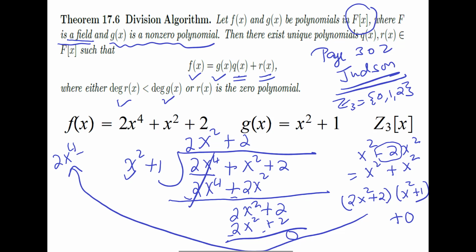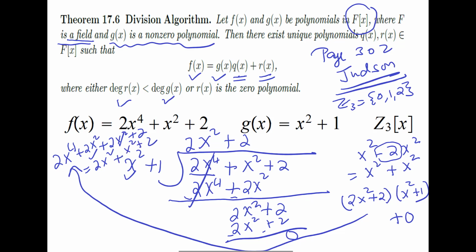And then plus 2x squared, then again plus 2x squared from the inners. Then a 2 from the last. So we have 2x to the 4, and these two together become 4x squared, which will become 1 x squared.